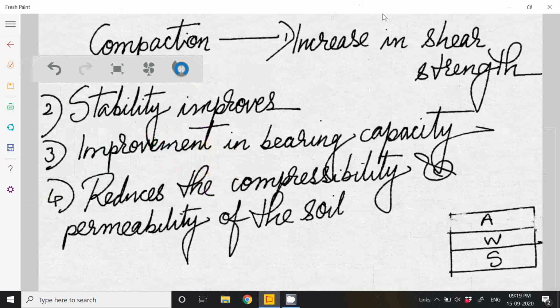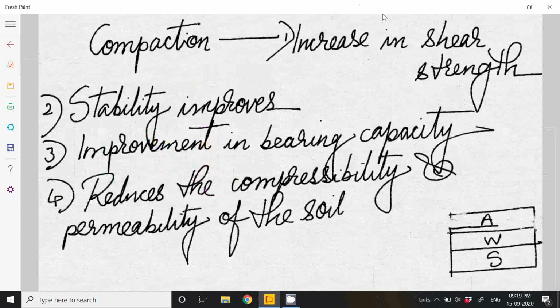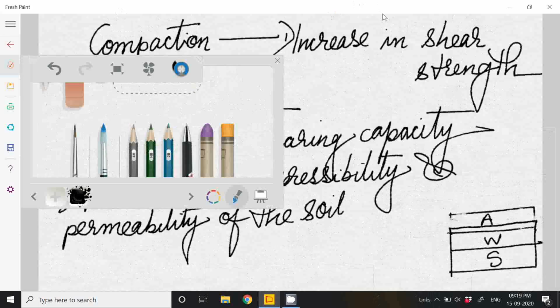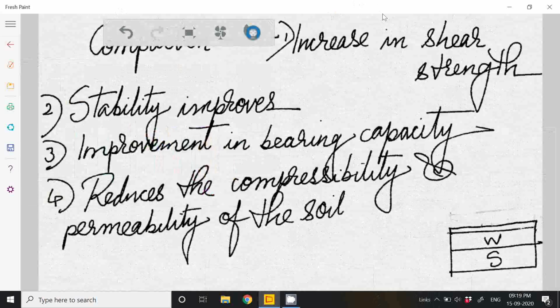Suppose the air was initially here, and now the air is just this much.